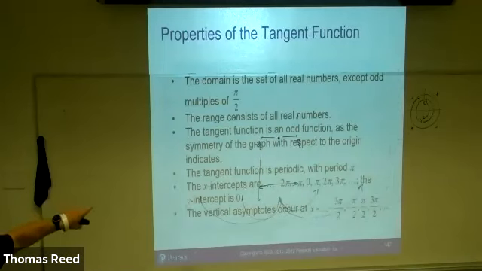And so it's symmetric with respect to the origin. The tangent function is periodic with a period of pi. The x-intercepts are multiples of pi. Okay, and you can see that from the graph.